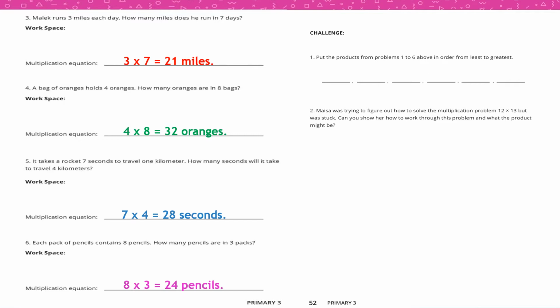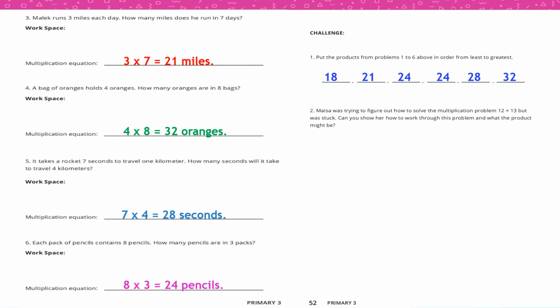So we will put all the products, the results of the multiplication equations, in ascending order like this: 18, 21, 24, we have another 24, 28, and 32.